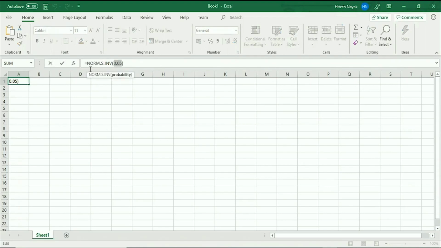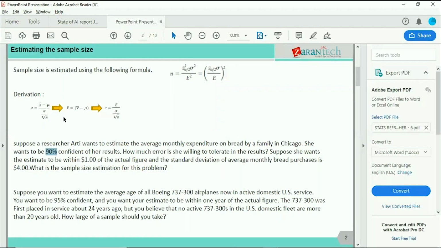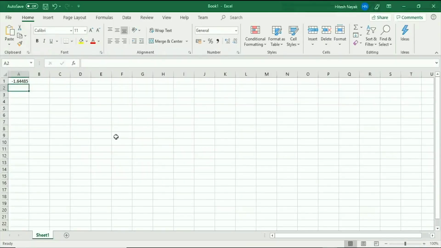If you do norm S inverse, you get 1.644. But norm S inverse of 0.05?